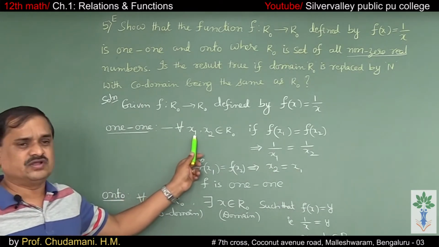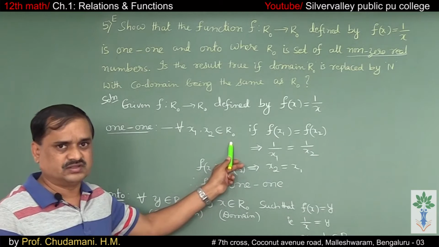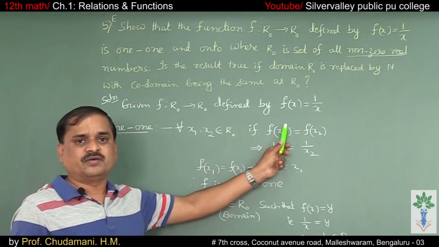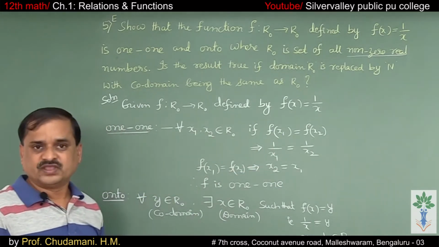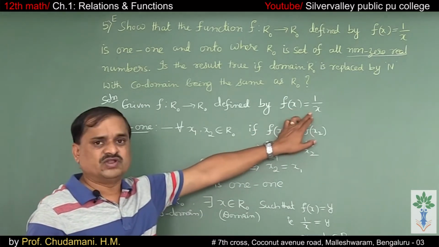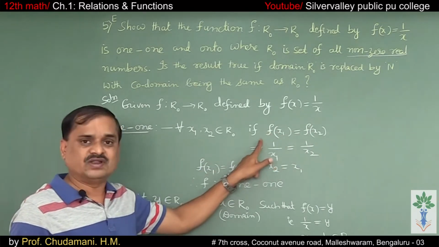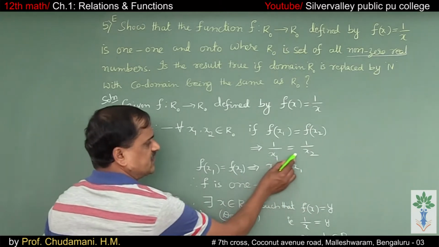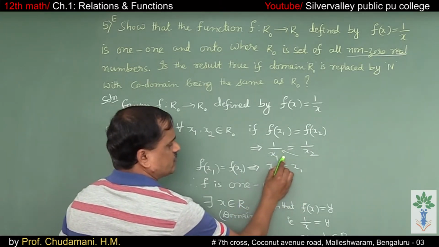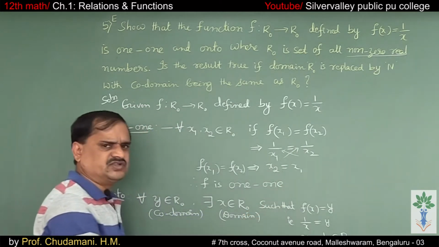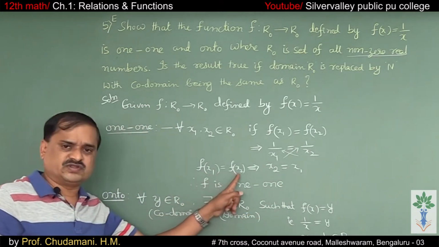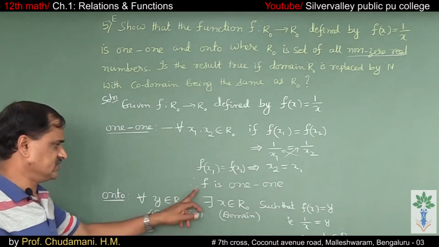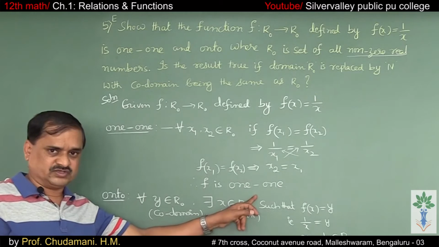For all x1, x2 belongs to the set of non-zero real numbers, if f of x1 is equal to f of x2 implies, f of x is 1 by x, f of x1 is 1 by x1, f of x2 means 1 by x2. Cross multiply, x2 is equal to x1, nothing but x1 is equal to x2. If f of x1 equals f of x2, implies x1 is equal to x2. So that's why it is 1-1 function.